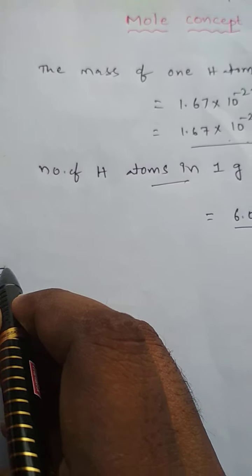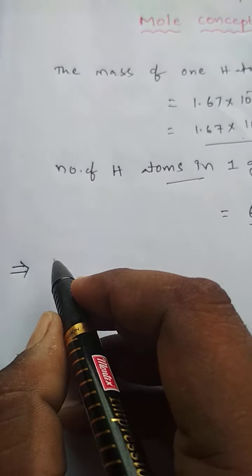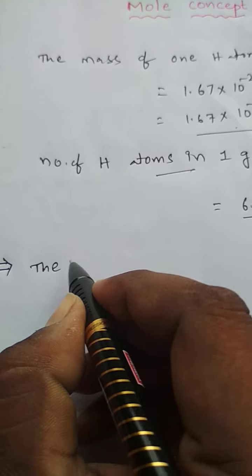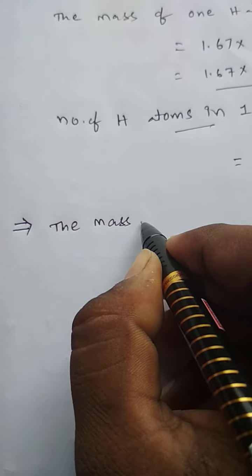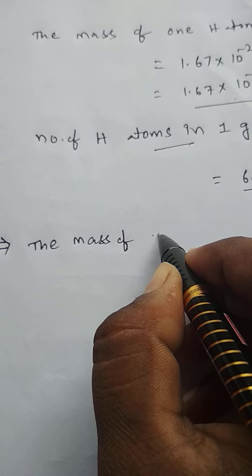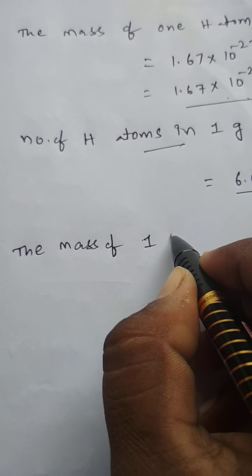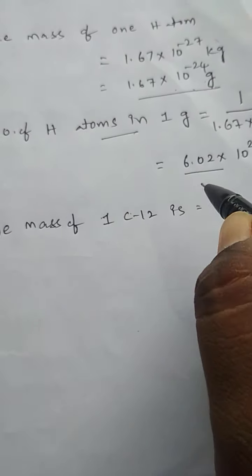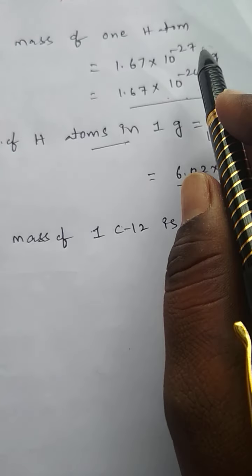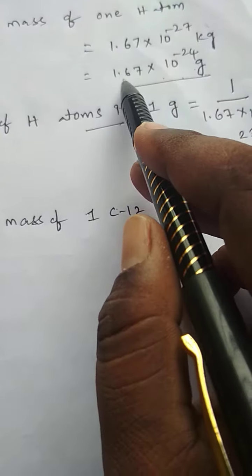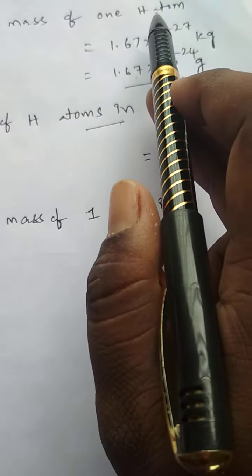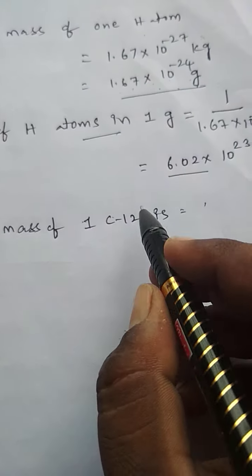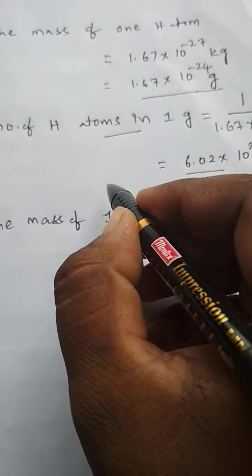Next, take another example. For carbon, the mass of 1 carbon 12 atom: for 1 hydrogen it is 1 into 1.67 into 10 to the power of minus 24. Here the relative mass of carbon is 12.